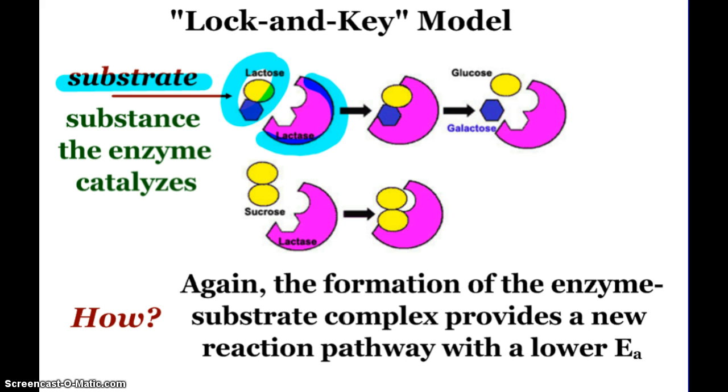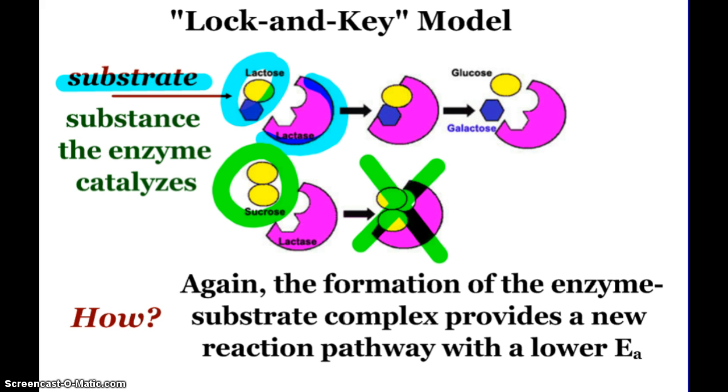All right, and so this is what's called the lock and key model, meaning that the enzyme and the substrate fit together perfectly like puzzle pieces. Whereas if you had a different molecule, or here we see sucrose, sucrose cannot fit into lactase. It doesn't fit. So only lactase and lactose can go together.